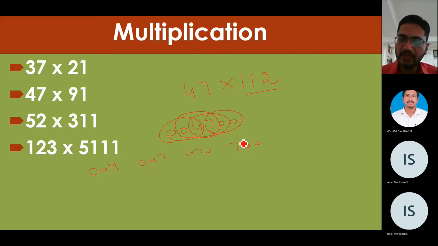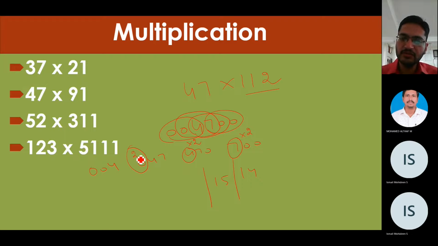Now I will multiply this number with the 2 and add the other digits. 2 into 7, 14. 14 plus 0 plus 0, that is 14. Again I will multiply this number with the 2. 8 plus 7 plus 0, that is 15.